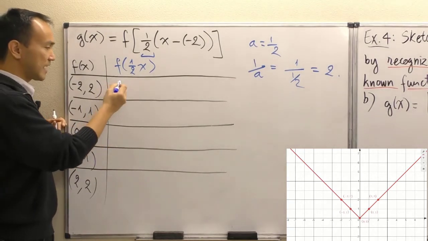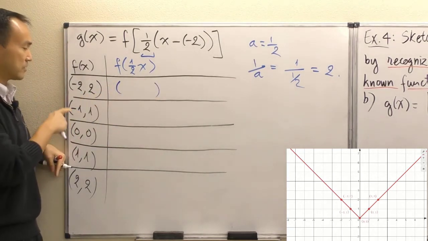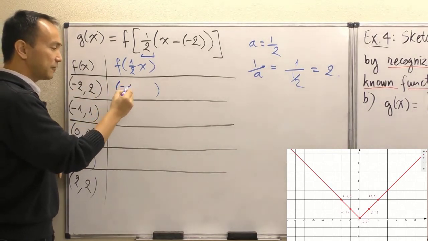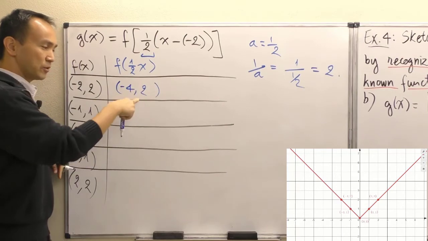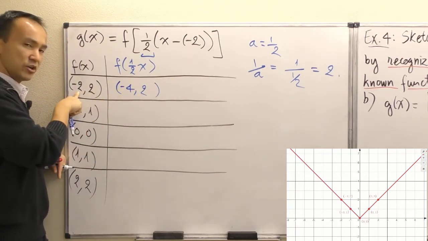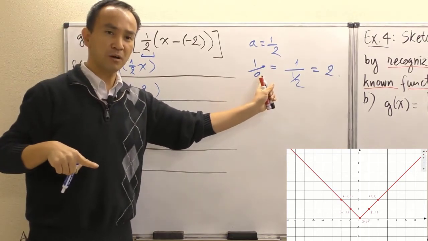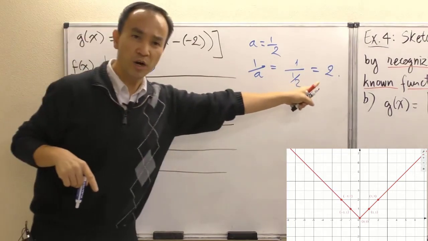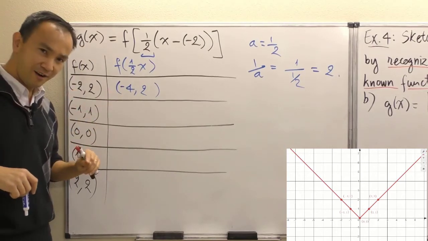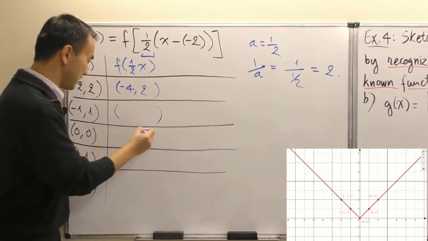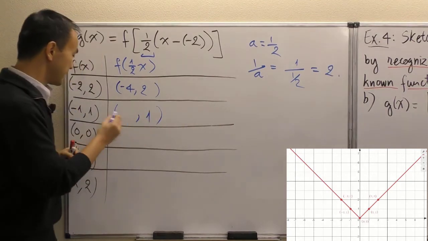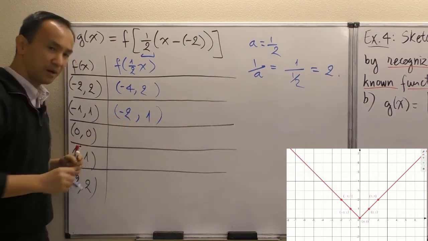So now this is how the points get transformed. (-2, 2) is now transformed to (-4, 2). The y value stays the same. The -4 came out because the x value is multiplied by 1 over a, which was 2. That's how -2 times 2 is -4. And in that way, (-1, 1) is transformed to (-2, 1).